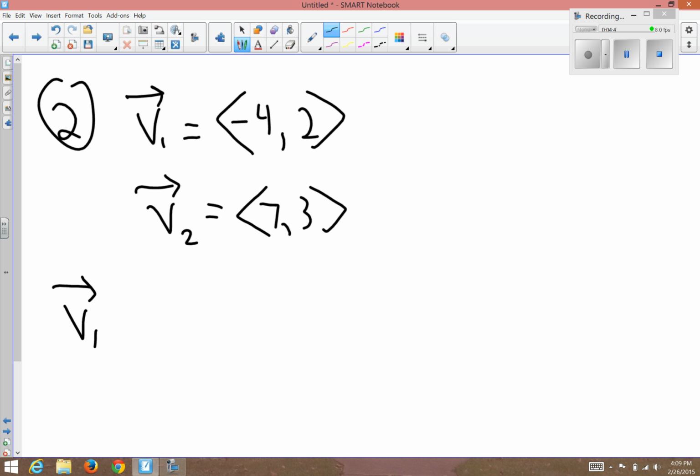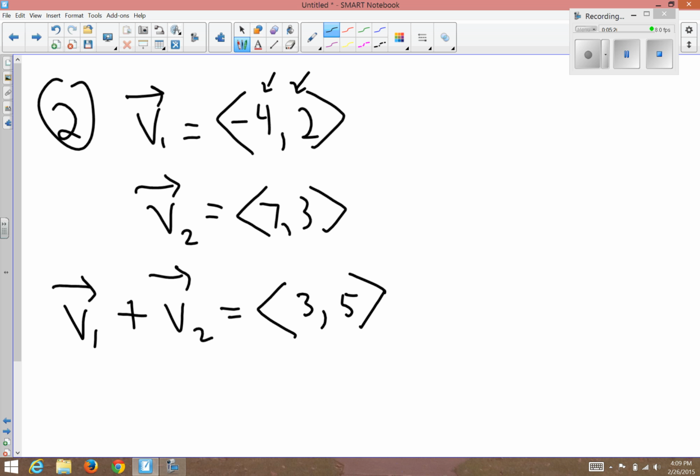Both of these vectors are in component form. We call this the x component, and this is the y component. These are in component form. Well, you could probably guess that the answer to this is -4 plus 7 is 3, 2 plus 3 is 5. That's it.